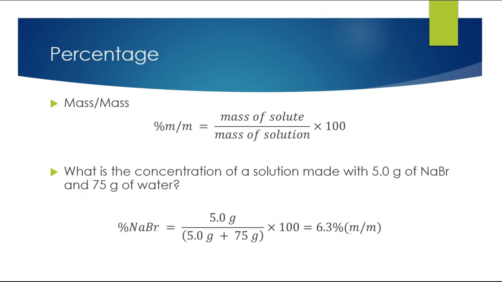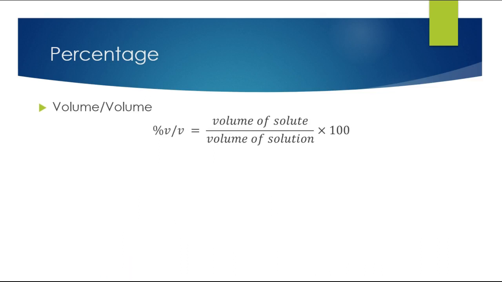mass percent solution. Another type of percentage is volume. And in this case, you have the volume of the solute divided by the volume of the solution. Once again, it's the total amount of solution. So watch out for problems where they give you an amount of solvent and an amount of solute. Make sure you add them together to get solution.